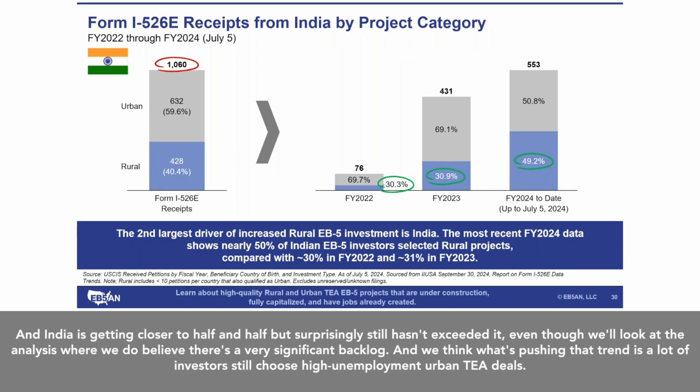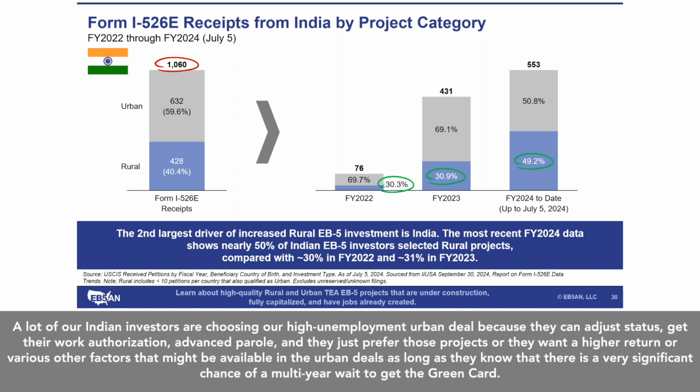And India is getting closer to half and half, but surprisingly still hasn't exceeded it, even though we'll look at the analysis where we do believe there's a very significant backlog. And we think what's pushing that trend is a lot of investors still choose high unemployment urban TEA deals. A lot of our Indian investors are choosing our high unemployment urban deal because they can't adjust status, get their work authorization, advance parole, and they just prefer those projects, or they want a higher return or various other factors that might be available in the urban deals.